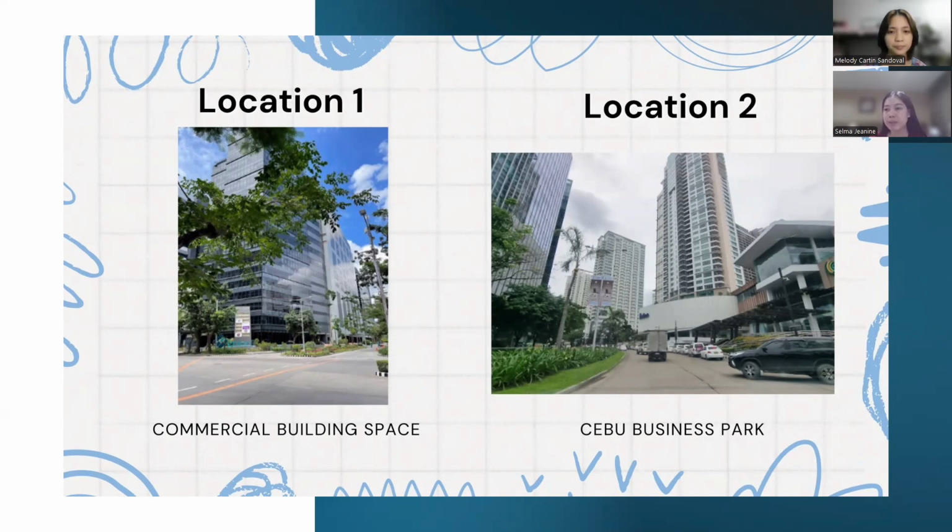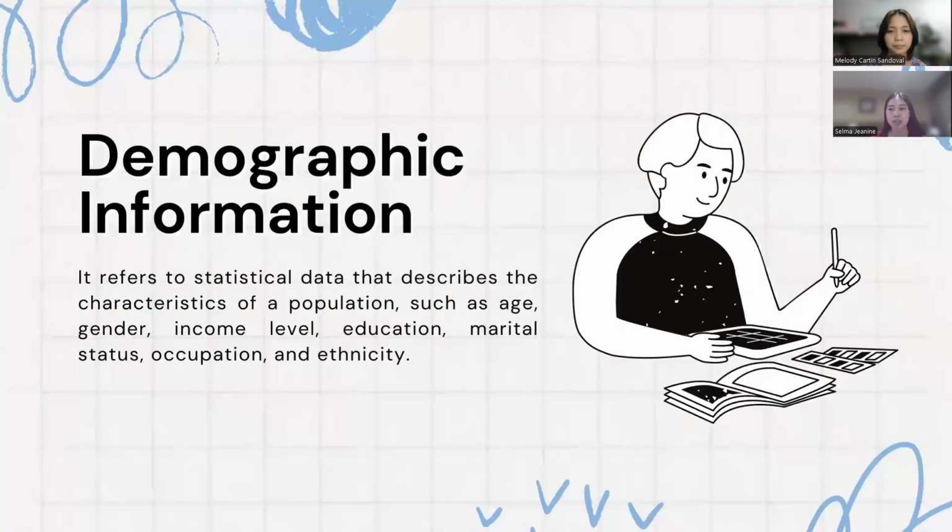So, before diving into our first location, let's first talk about the various factors needed to choose the most suitable location for a dental practice. First is the demographic information. It refers to statistical data that describes the characteristics of a population, such as age, gender, income level, education, marital status, occupation, and ethnicity.